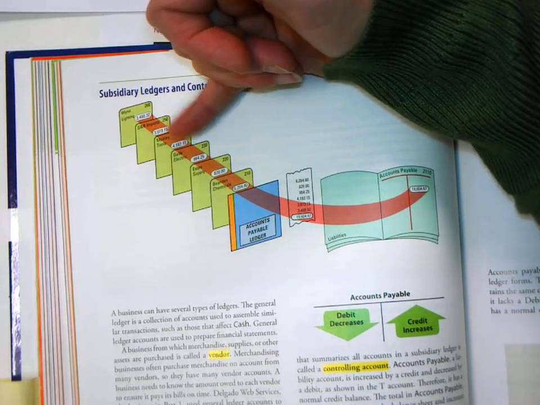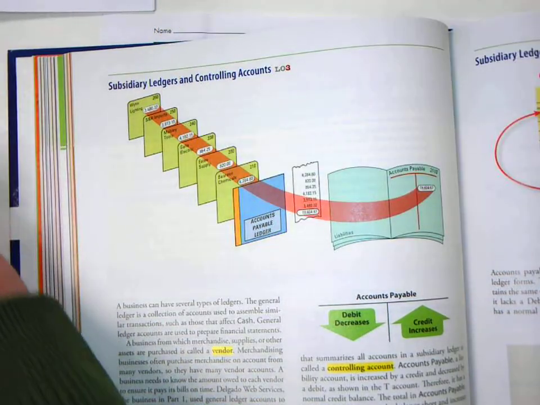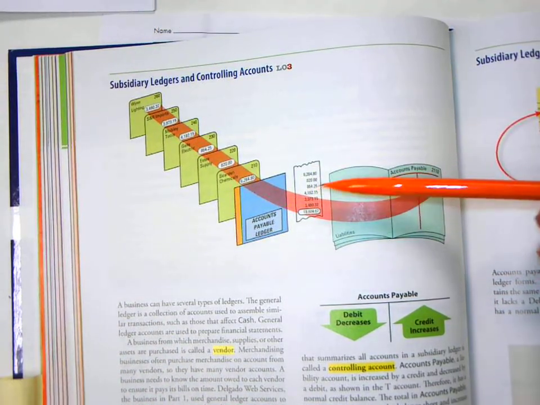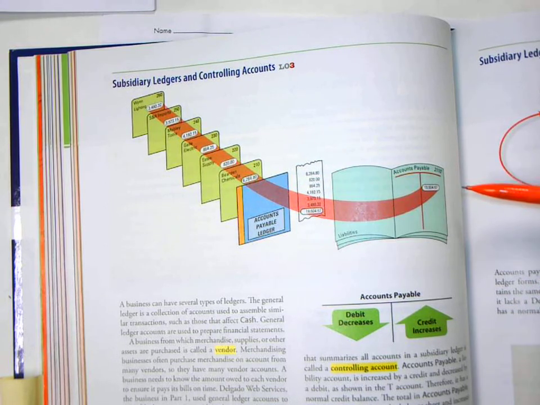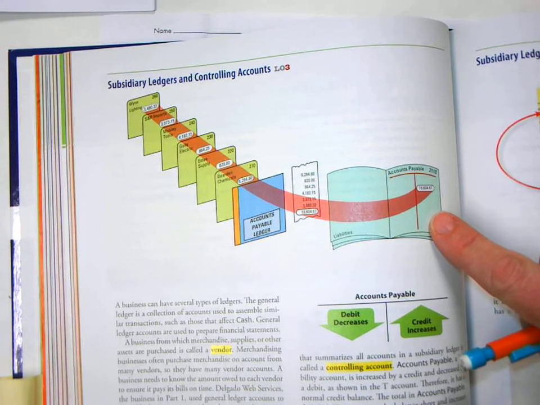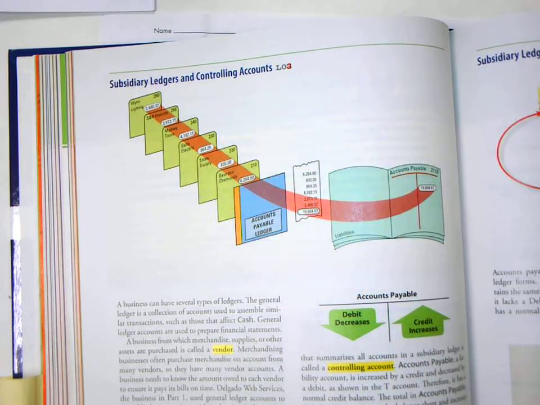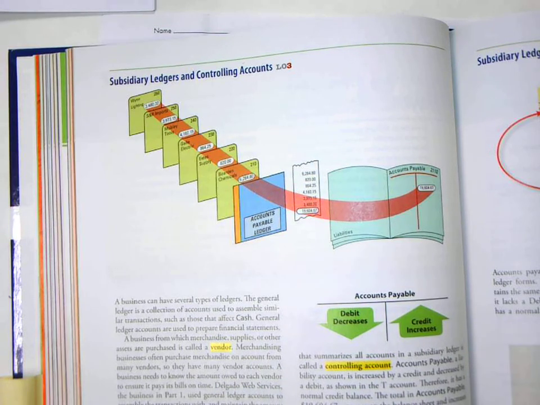These are accounts payables for each of those individual companies. And we take all of those balances, we add them up, and that's the number that's actually going to go into our accounts payable. So now with our normal accounts payable account, we're really just working with totals.